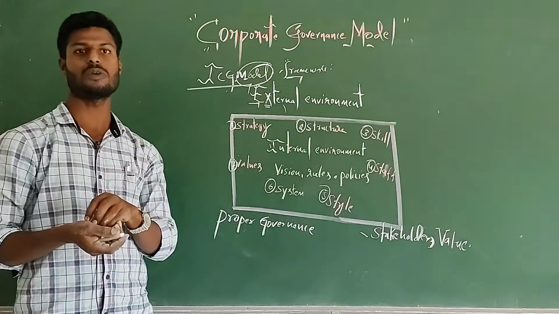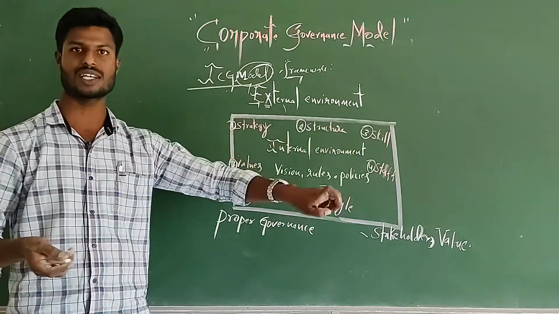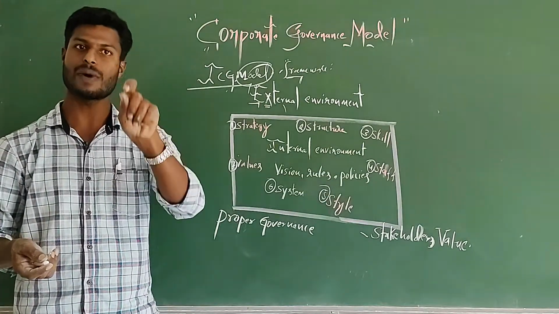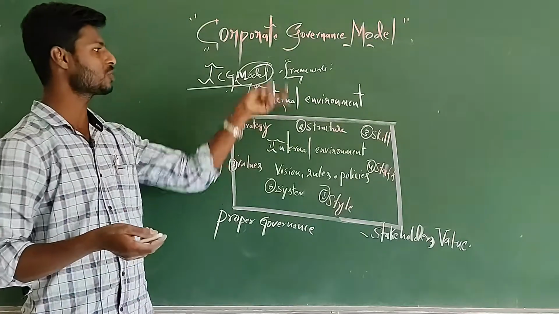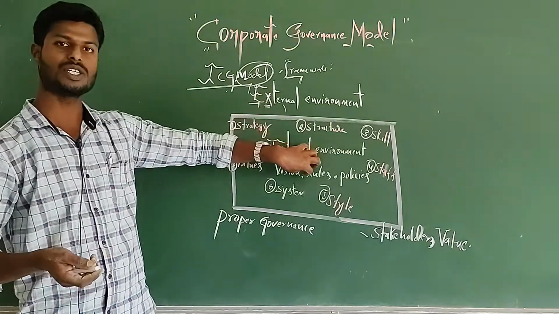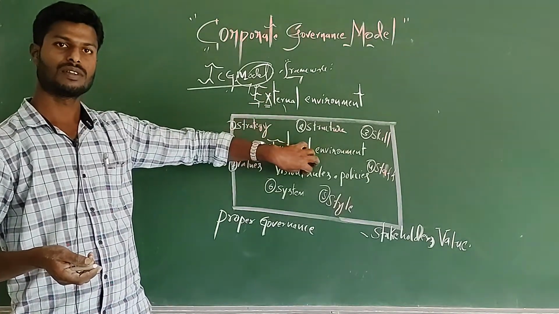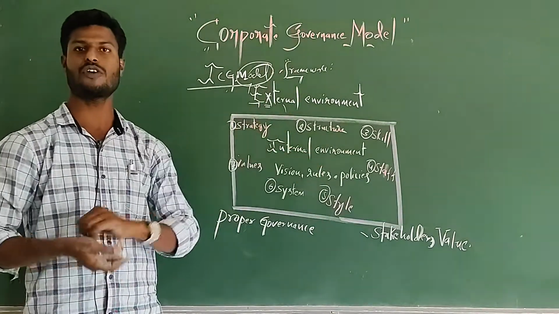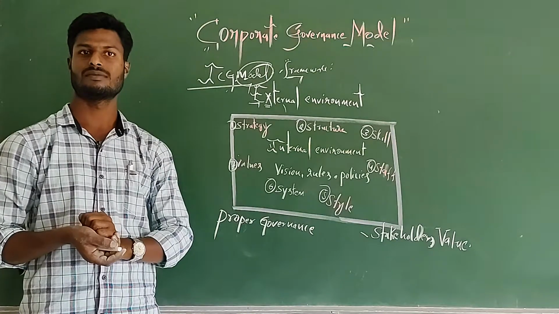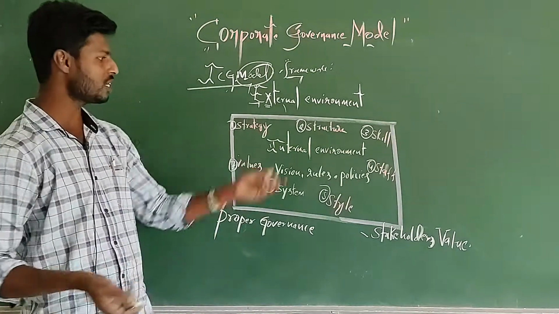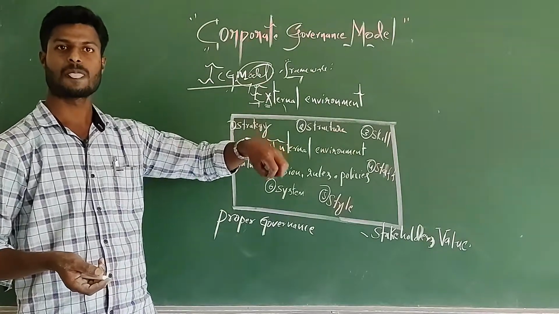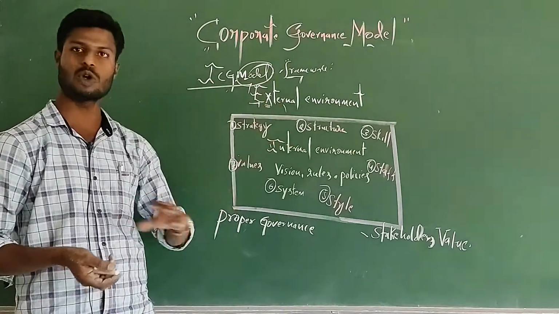In internal environment of the organization, we cannot recognize them, but we can feel the impact or influence of external environmental factors in the business. Who will feel? The people of the management feel the impact of external environmental factors. The employees of the organization feel the impact, the problems or the opportunities from the external environmental factors.